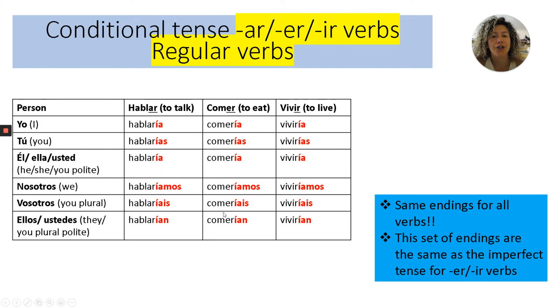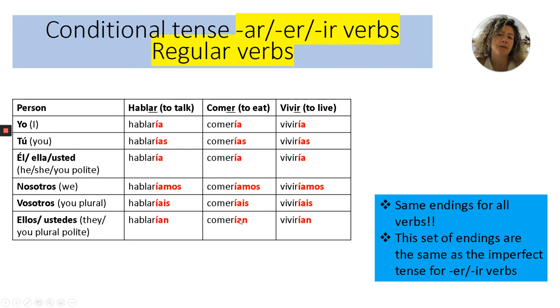You may have noticed that for all of them I've used the same endings. So AR, ER, and IR verbs share the same endings for the conditional, which is fantastic, isn't it? It's great because that means we only have to learn one set of endings.